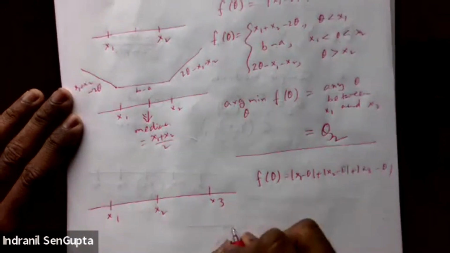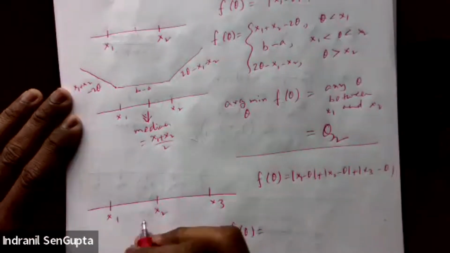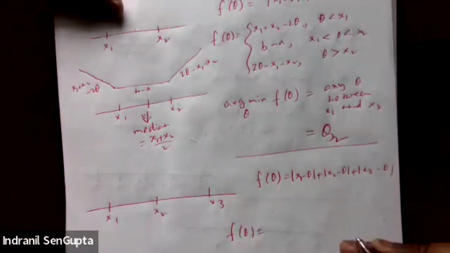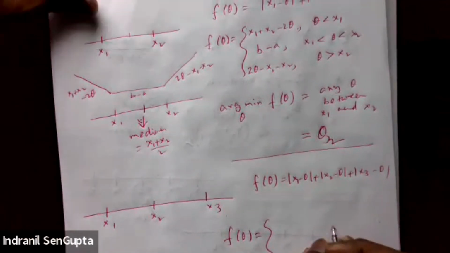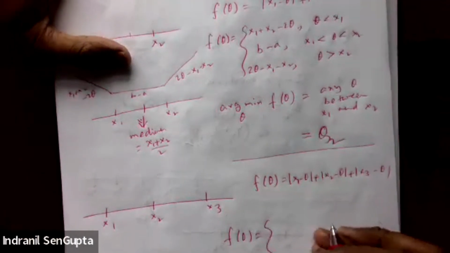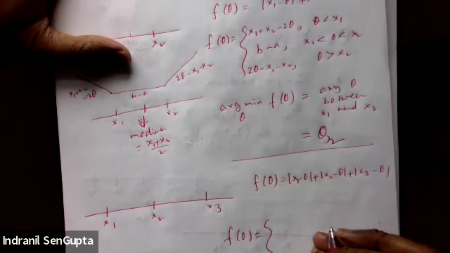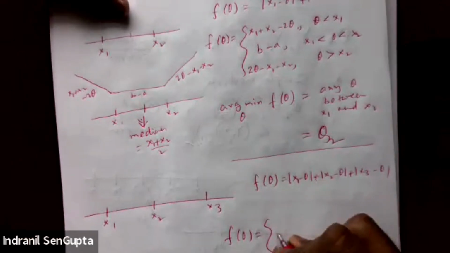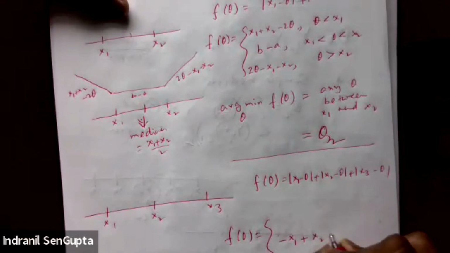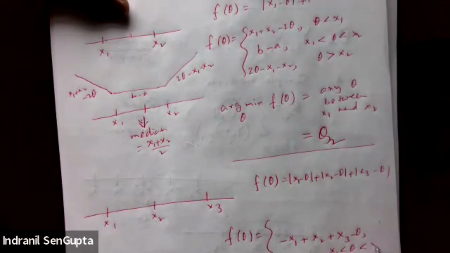It can be shown that f(theta) in this case, when you are between x1 and x2, has the value -x1 + x2 + x3 - theta when x1 < theta < x2.